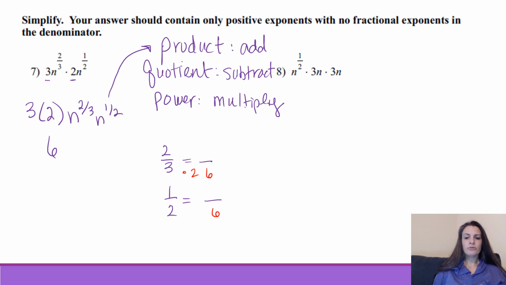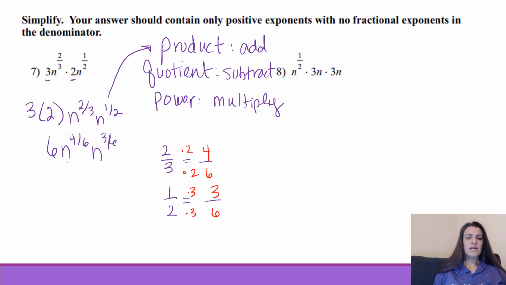So 2 times 2 gives me 4/6 for the first fraction, so the first n is equivalent to n to the 4/6. And for our second one, 1/2, I need to multiply both numerator and denominator by 3. So 1/2 turns into 3/6. So that second n is going to turn into n to the 3/6.